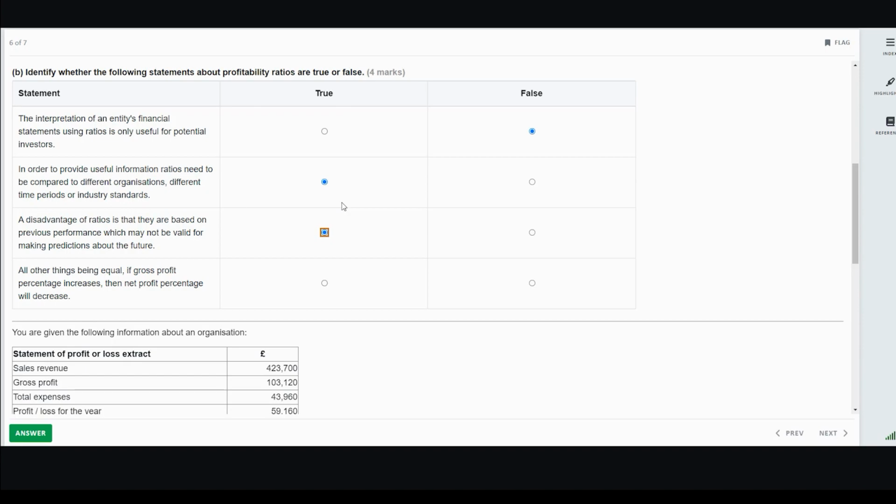So that doesn't necessarily mean your net profit is going to decrease just because your gross profit has increased. It's increased because sales revenue could be higher, or purchases could be lower, and so on. Your net profit comes from the gross profit less your expenses. So that one's false.